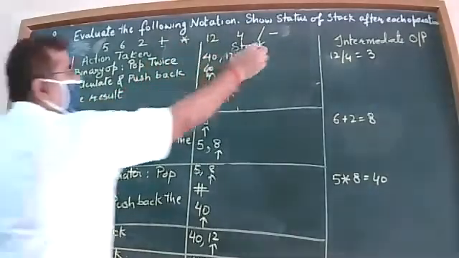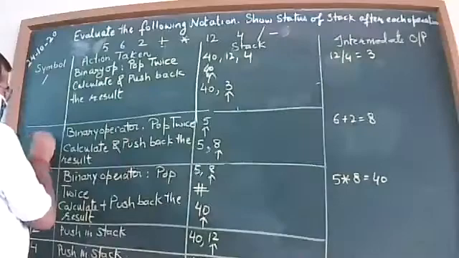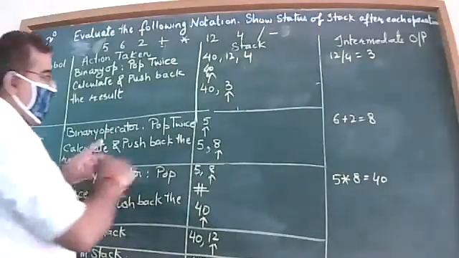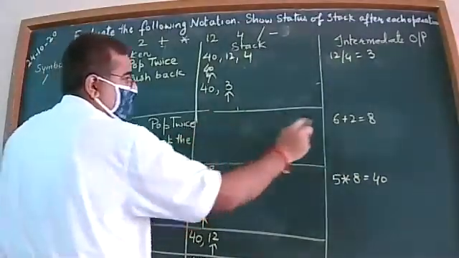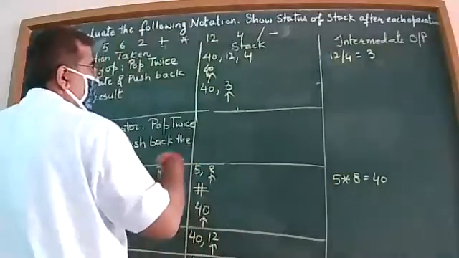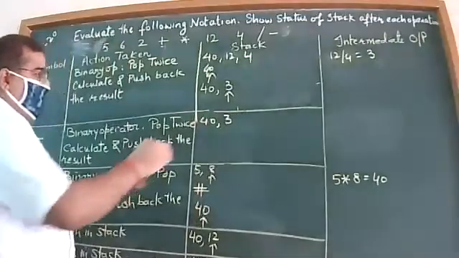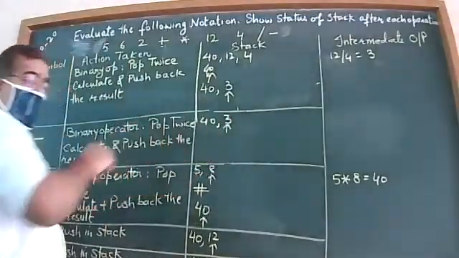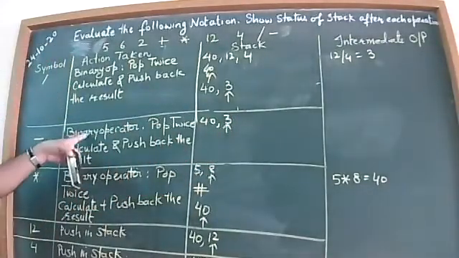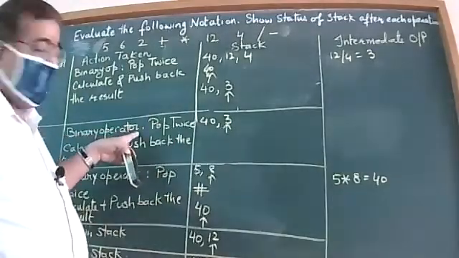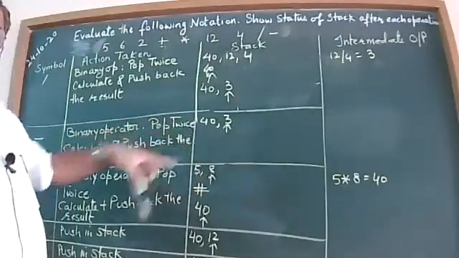Now the last element is minus. So we have numbers 40 and 3. Binary operator, pop twice.